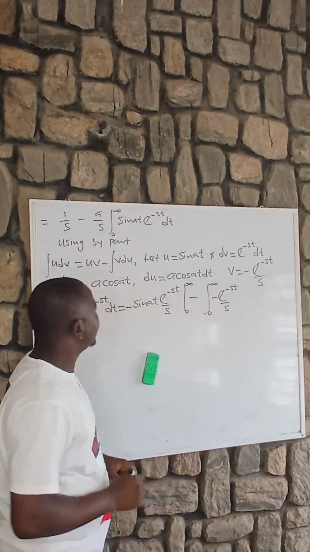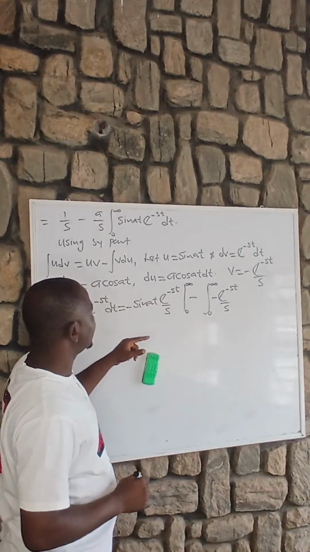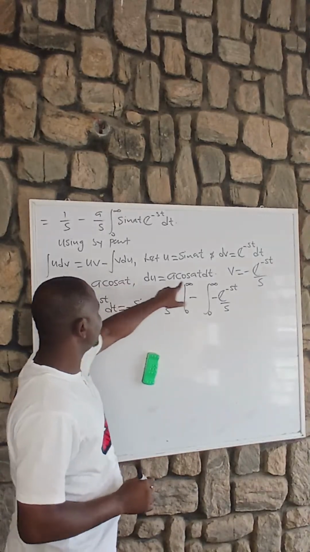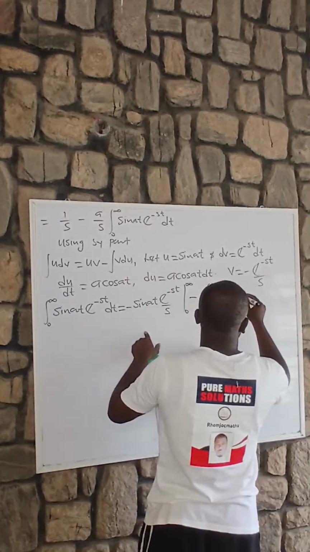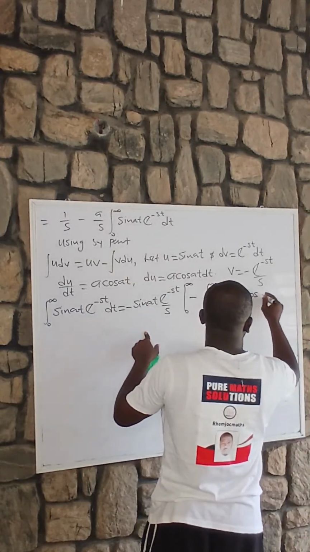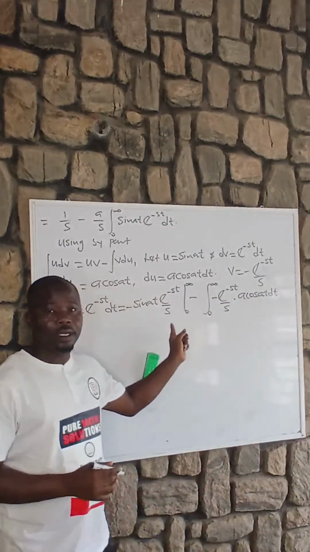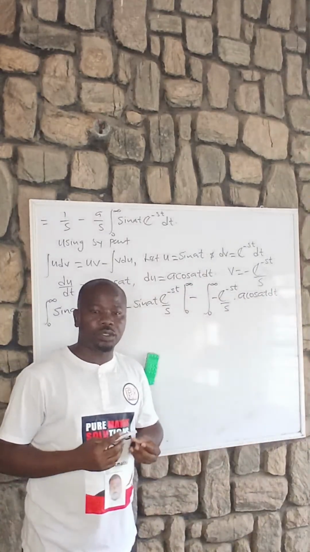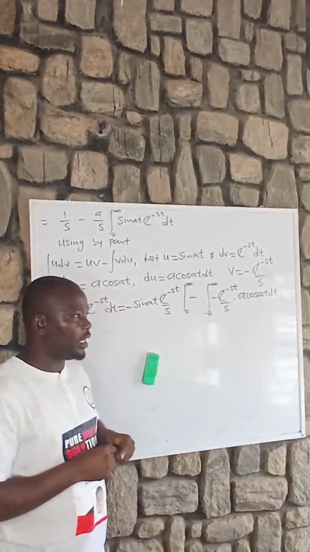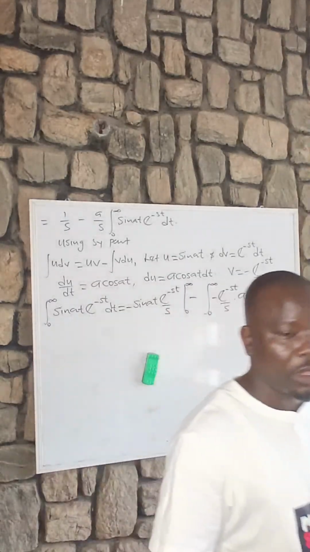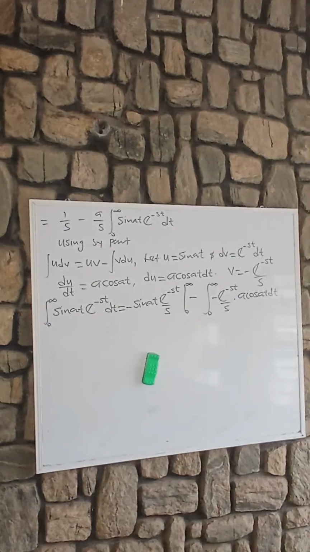Then what is our du? Du is this times a cos at dt. Do you agree with me on this point? Any question, please? If you have any question, please ask. I'm waiting. No question. Okay, so it means we can proceed, right?